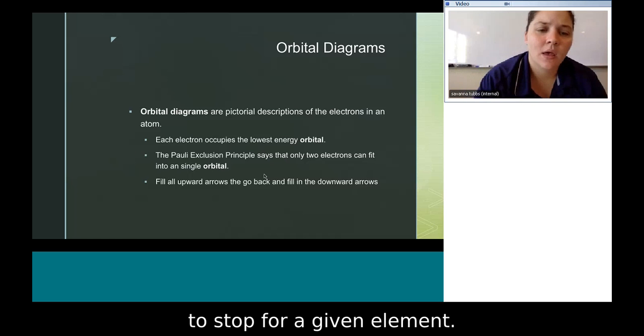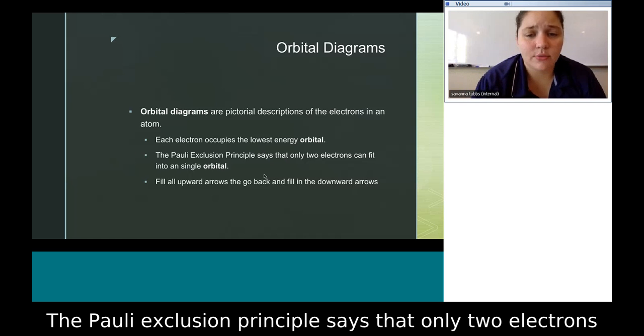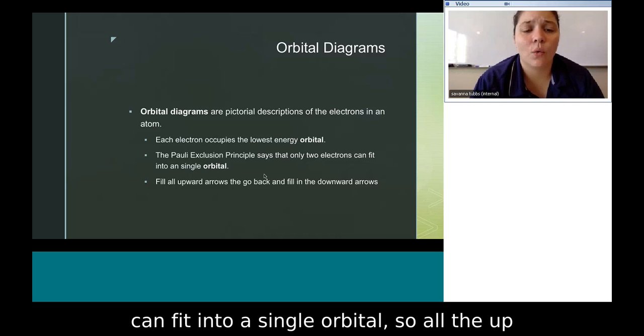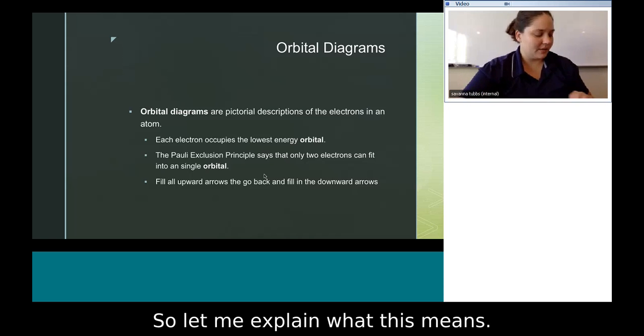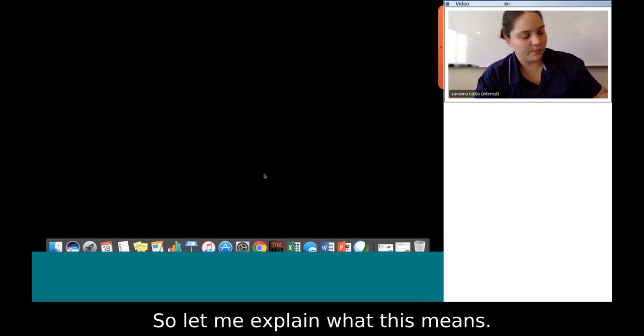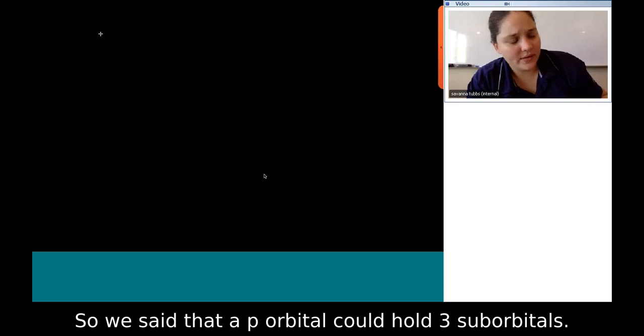The Pauli exclusion principle says that only 2 electrons can fit into a single orbital. Still, all the up arrows then go back and fill the down arrows. So let me explain what this means. We said that a p orbital could hold 3 suborbitals.